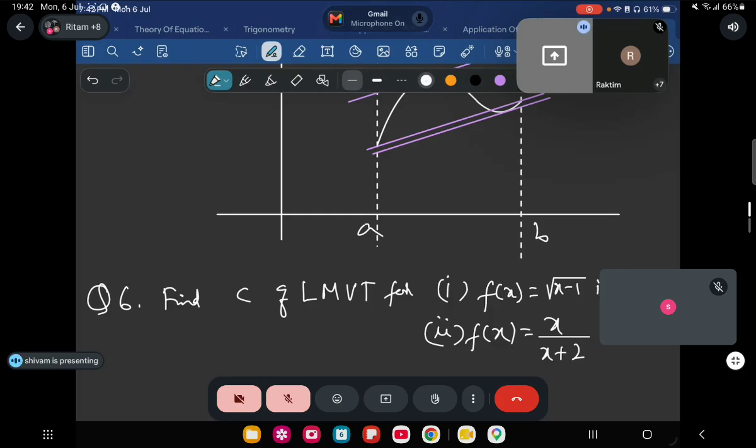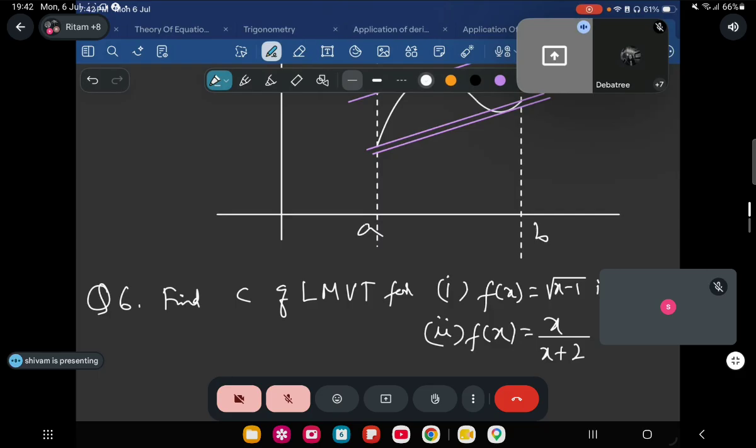So let me see who has sent. Okay, Devatri, you have sent only the first part, right? So just send the second one. Yes, first part is correct. Devang, both are correct. Raktim part 1 is correct.